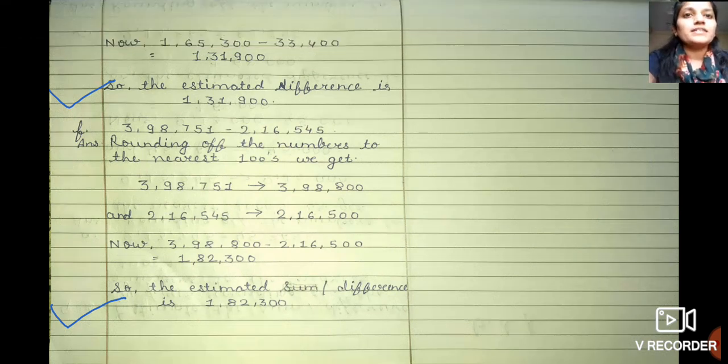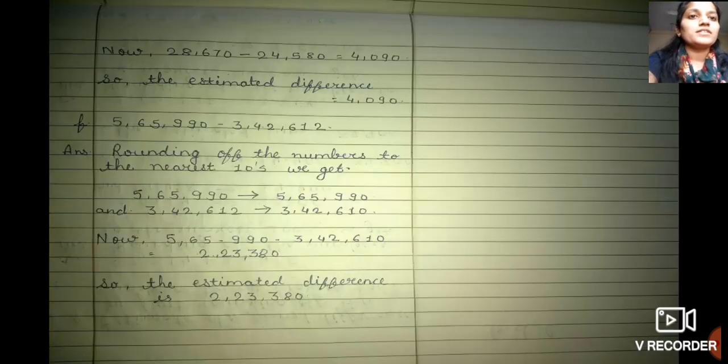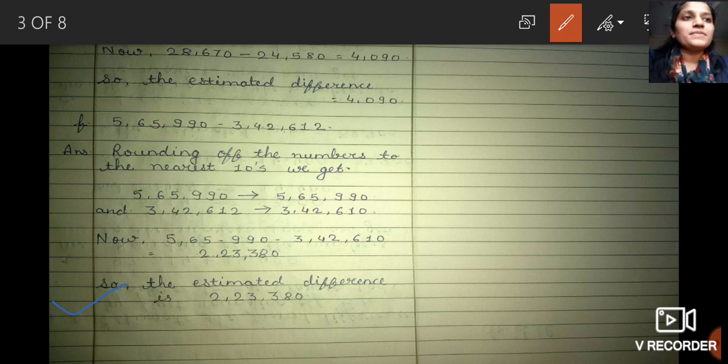Okay. Then here we can see that, so the estimated sum is 37,700, because we have added here the rounding off answers. Here we can see that, so the estimated difference is 2,23,380. Okay, that means here we have subtracted the numbers.